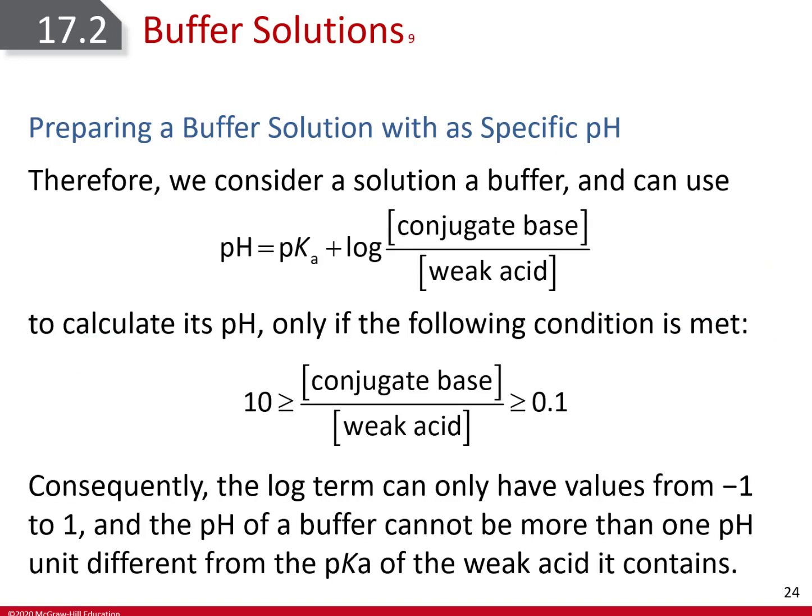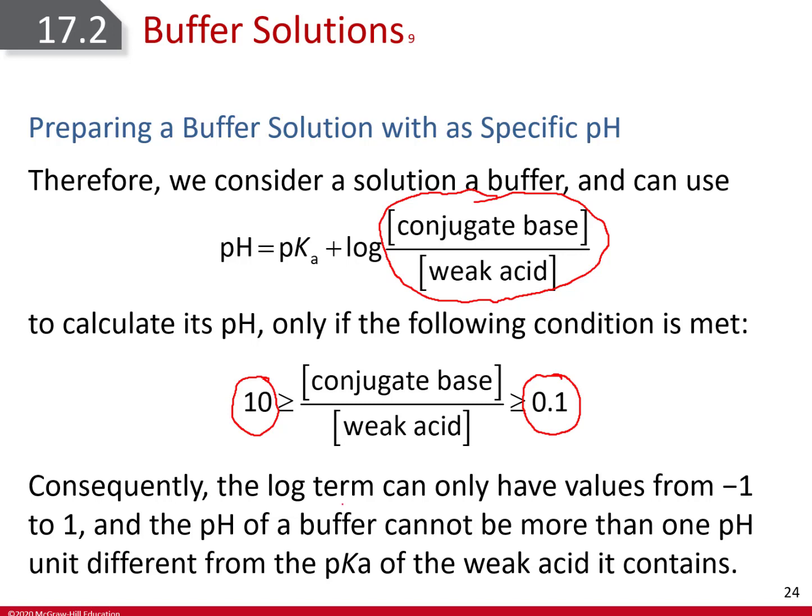All right, so let's see how that works. Therefore, we consider a solution of buffer. So here's the Henderson-Hasselbalch equation. And they're saying that the ratio of conjugate base to the weak acid can be no more than 10. The ratio can be no more than 10 and no less than a tenth. If it is, we lose the buffering capacity.